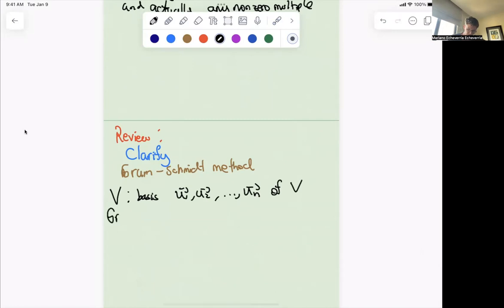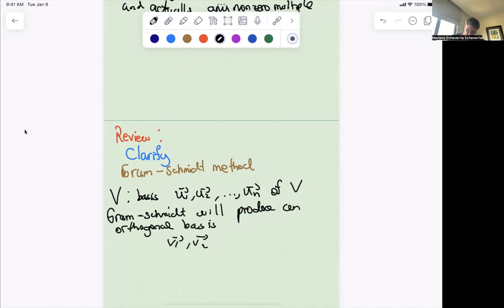So Gram-Schmidt will produce an orthogonal basis for you. Let's call it V1, V2, up to Vn.